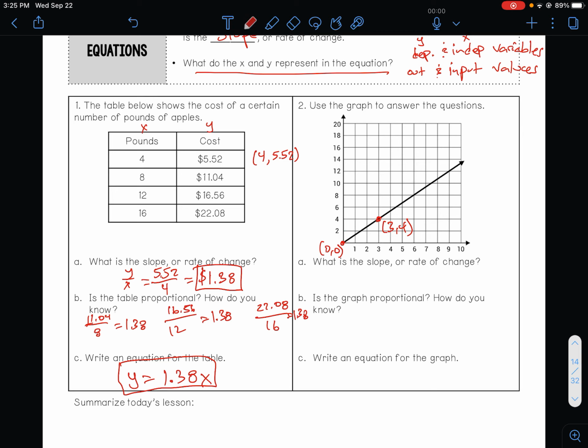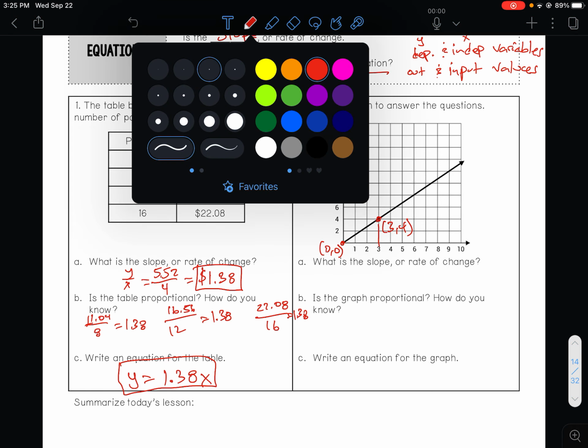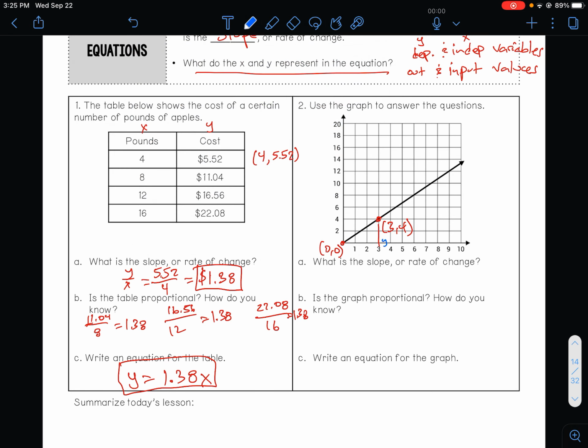So what is the slope or rate of change? What I need to do is look at the rise over run, or do the slope formula. So if I do the slope formula, this is x2, and this is y2, and this is x1, and this is y1.